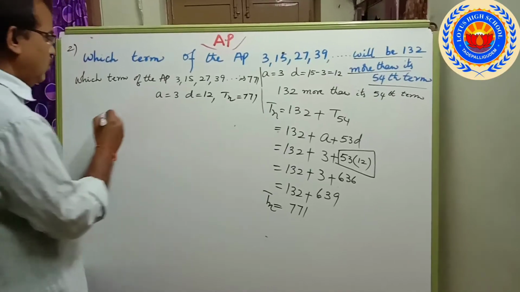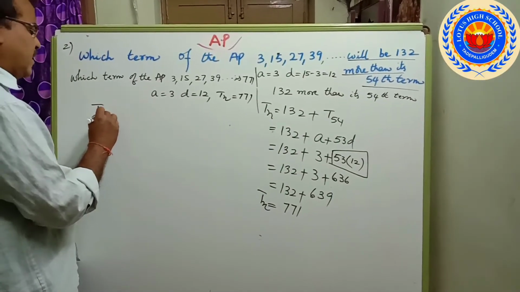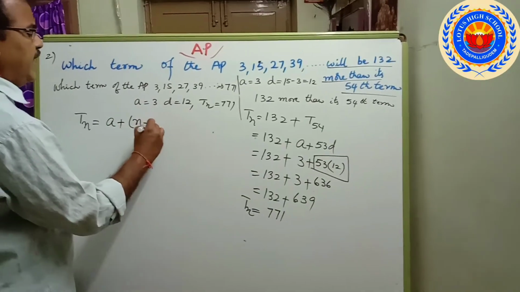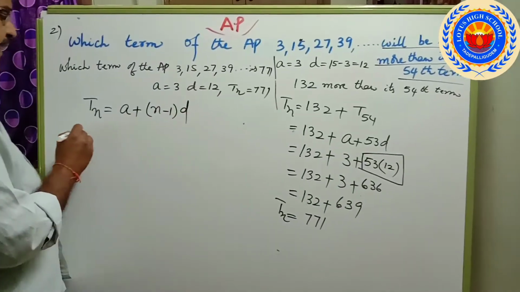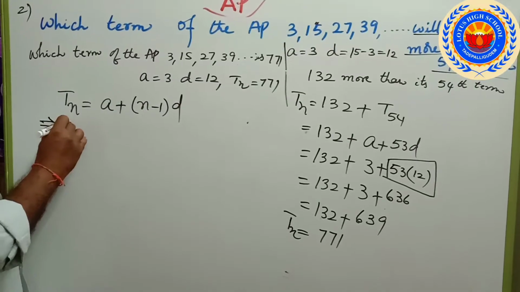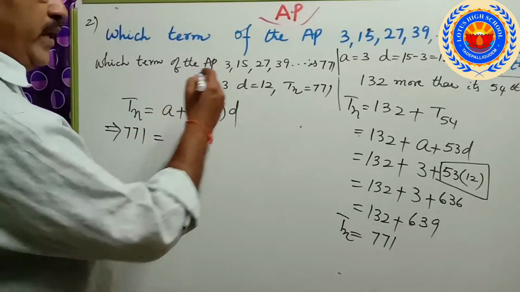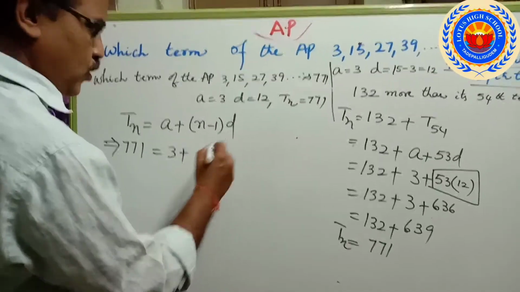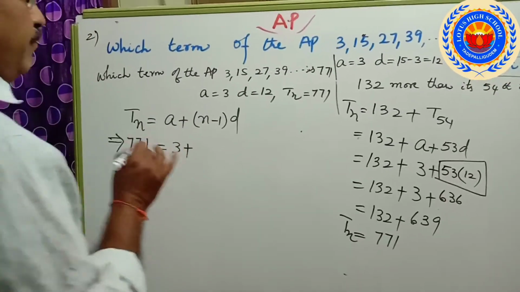Now, the nth term formula: Tn is equal to a plus n minus 1 into d. Tn, 771, is equal to a, 3, plus d, 12.